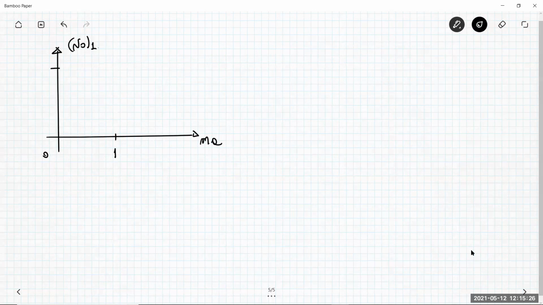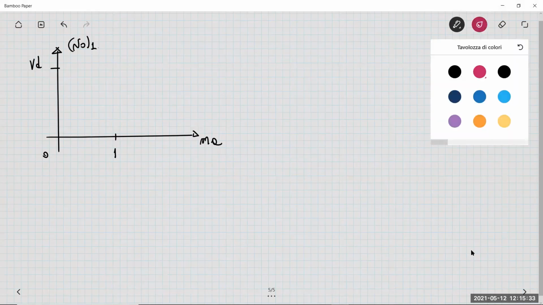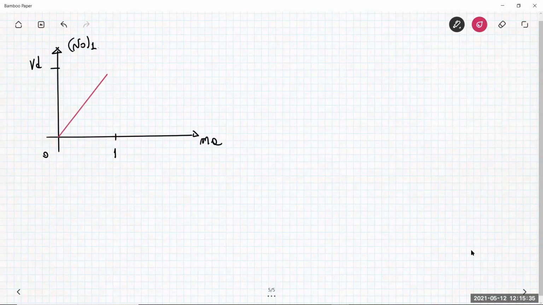MA means that the amplitude of the fundamental component of the output ranges from 0 to VD in a linear way like this. So this is what is called the linear pulse width modulator we talked about so far. And the maximum amplitude I can get for my output frequency component is exactly VD, the input voltage source.